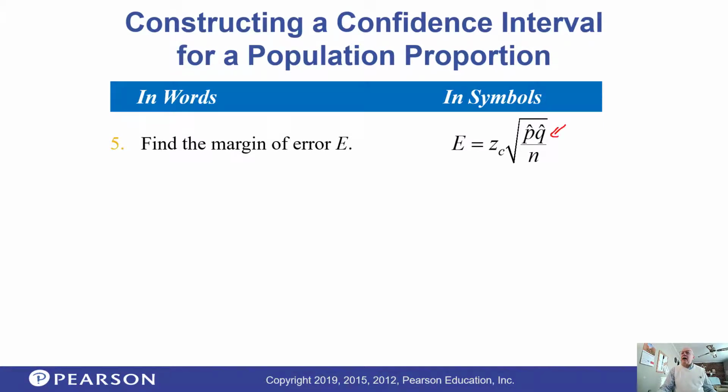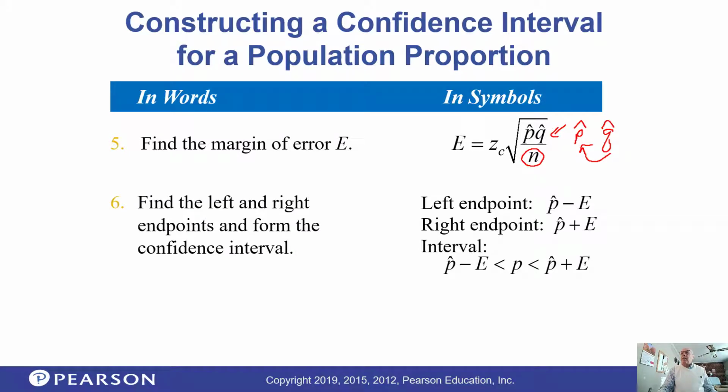Remember, you'll have p hat and q hat. p hat you calculated from your sample. q hat you calculated from p because it's the complement with the total of 1. And there's your sample size. Very simple, at this point at least. Create your left and right hand endpoints.